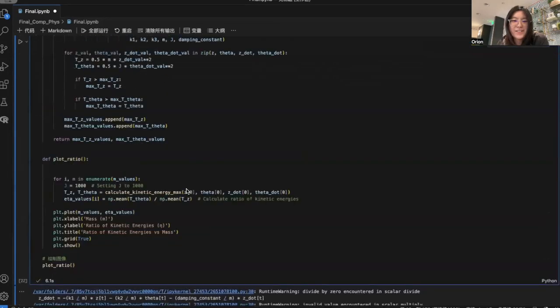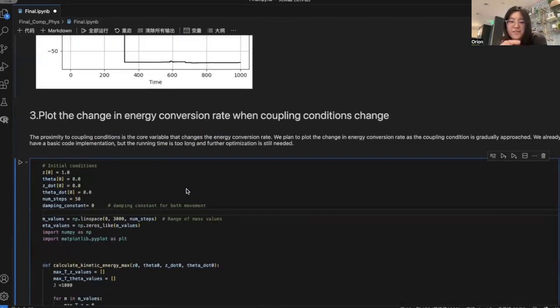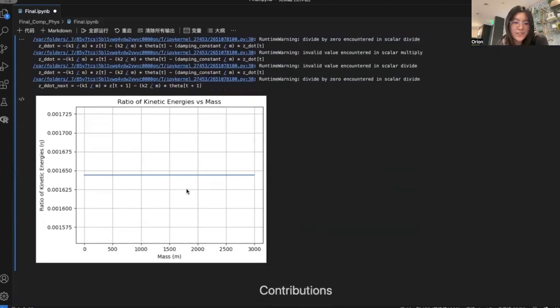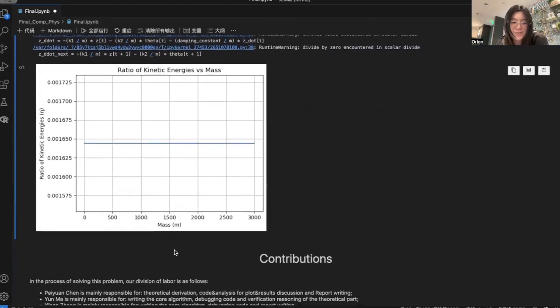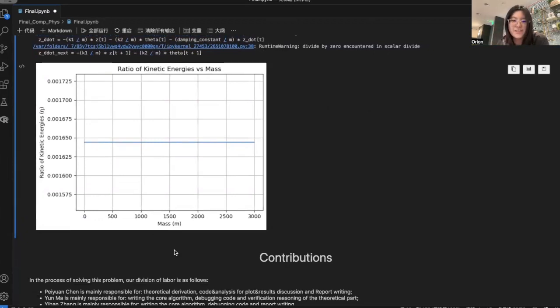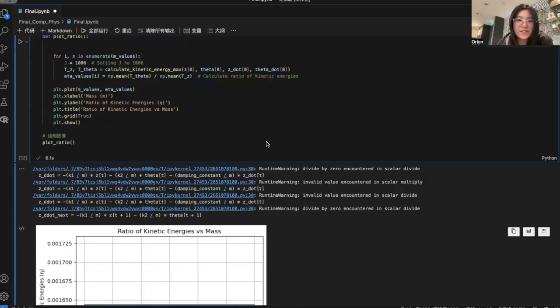Recall that the perfect coupling condition is the ratio of M over K1 equals the ratio of K2 over J. But now we only change the mass, so we expect there's a value of 1 that appears somewhere when mass increases, because at that position the perfect coupling condition is reached, but we don't observe it. Instead, we get a very straight horizontal line. So there's something to fix in the code. That's basically the future directions.